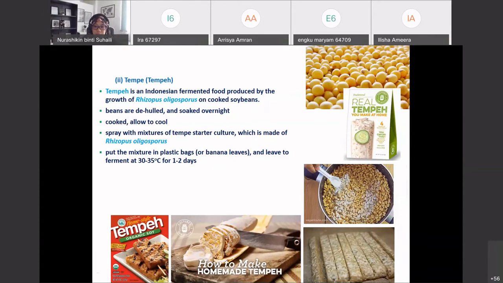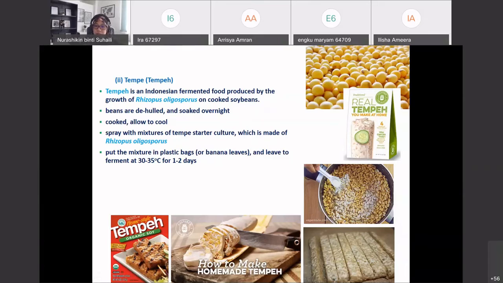The fermentation process also has certain conditions, like 30 to 35 degrees for 1 to 2 days. And there is the pre-treatment of the soybean. I hope that you have watched the video that I posted on Elite, the preparation of tempeh.